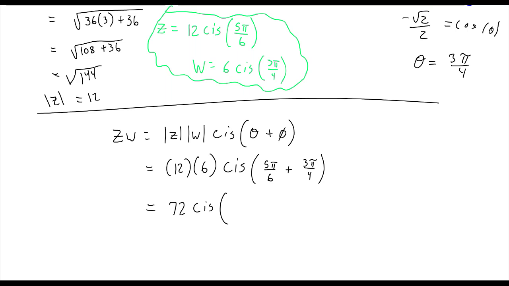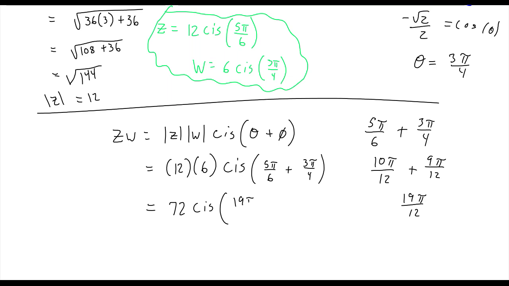Now to add 5 pi over 6 and 3 pi over 4, I'm going to find a common denominator here. 12 would be a denominator, so I'm going to multiply the first one by 2 over 2, and the second one by 3 over 3, and add those together to get 19 pi over 12. So 19 pi over 12. Notice how easy it was to multiply them together once I had them written in trig notation. There we go.